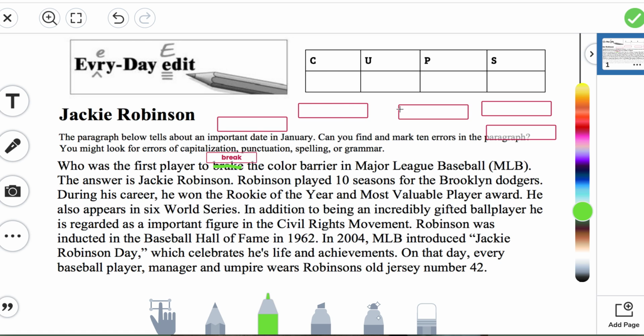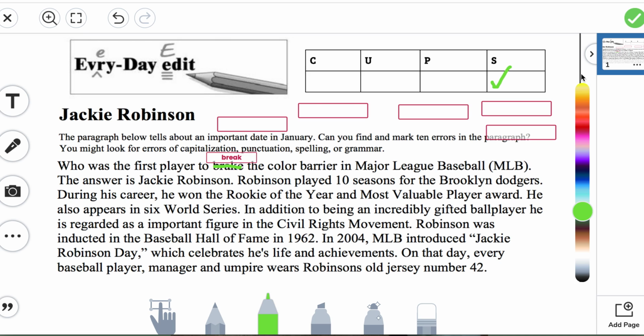This was a spelling error because the spelling that they were using referred to a device for slowing or stopping a moving vehicle. Now let's look at the second error. So add a check mark in the S column for the CUPS chart.